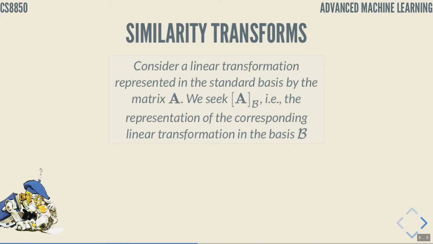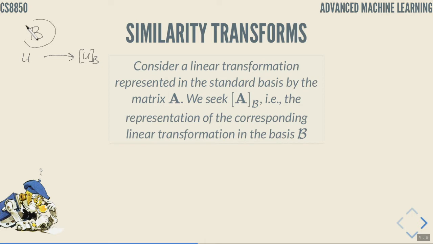Consider a linear transformation represented in the standard basis by the matrix A. Before we were saying, okay, we have some basis and we have a U in the standard basis. How does U look in this new basis?